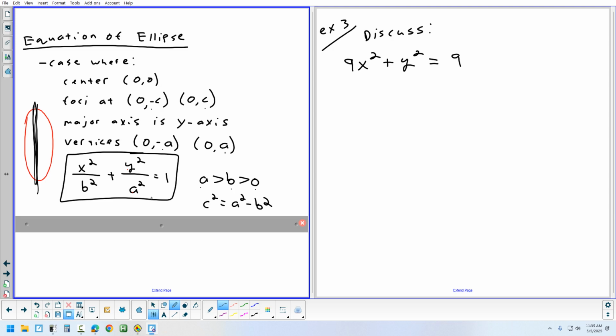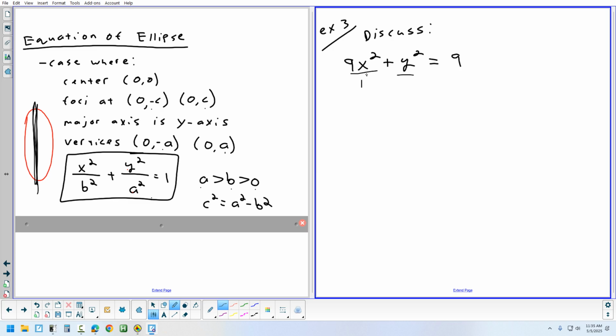No. What's wrong with that? There's no a or b squared. Well, if you just make these fractions, you could pretend that's a 1 and that's a 1. But even if you did that, a and b are not 1 in this case.